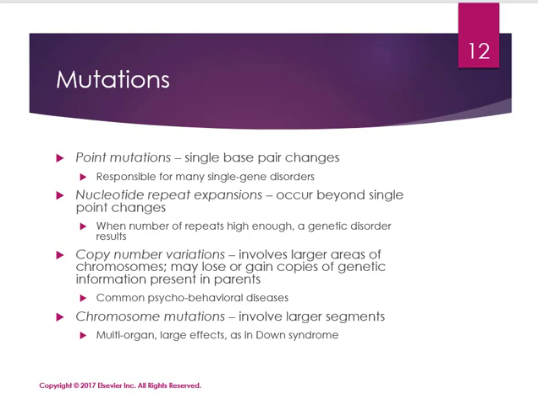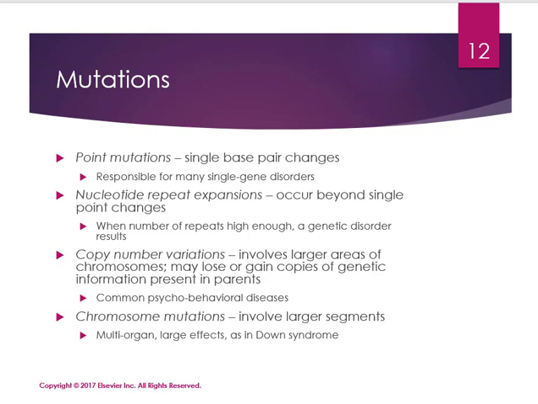Copy number variation involves a large area of chromosomes beyond point mutations and repeat expansions. When the egg and the sperm unite, there's an unequal crossover throughout the genome, and when this happens, children may have lost or gained additional copies of genetic information that were present in either of their parents' chromosomes. And this is often seen in common psychobehavioral diseases, such as mental retardation, autism, and schizophrenia.